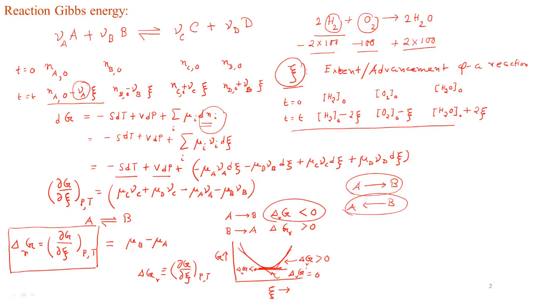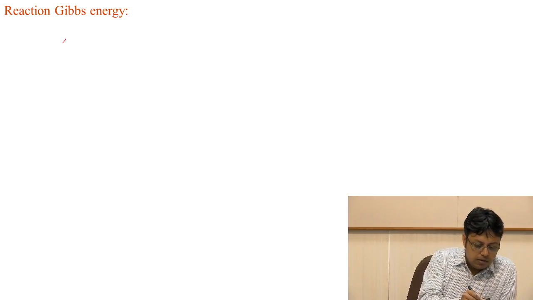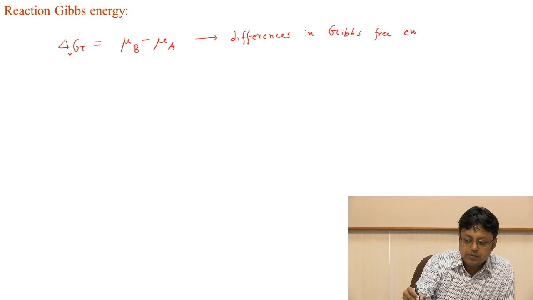Now, we already discussed that the reaction Gibbs free energy is the difference between the reactant and the product. And we have already argued that this delta RG is nothing but mu B minus mu A, which is basically the difference in Gibbs free energies.